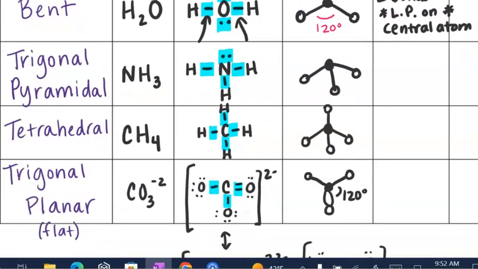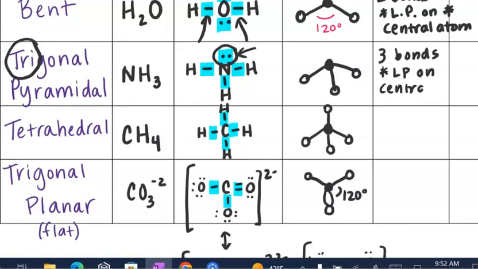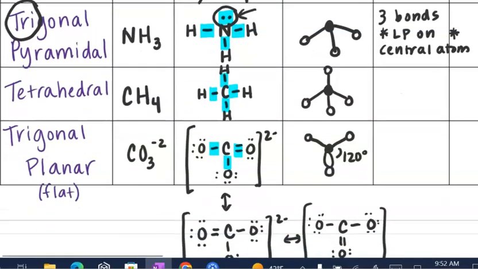The next one, trigonal pyramidal. Tri means 3. 3 bonds, but how do I know it's a pyramid instead of flat? Lone pair on the central atom. That's how I know it is trigonal pyramidal.